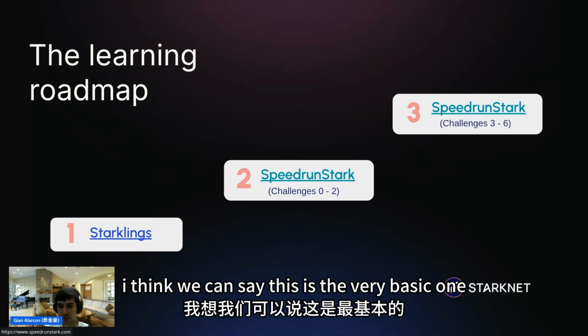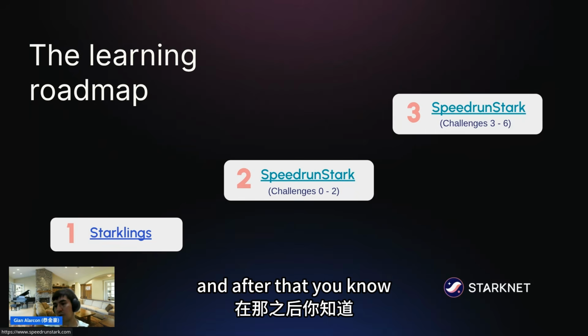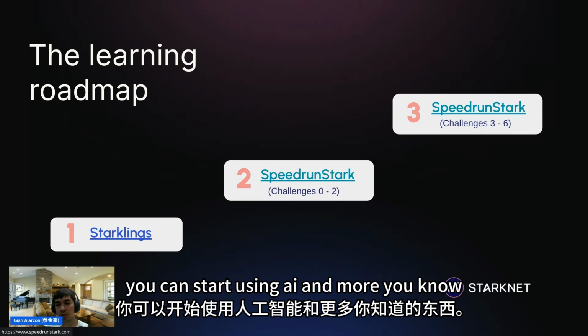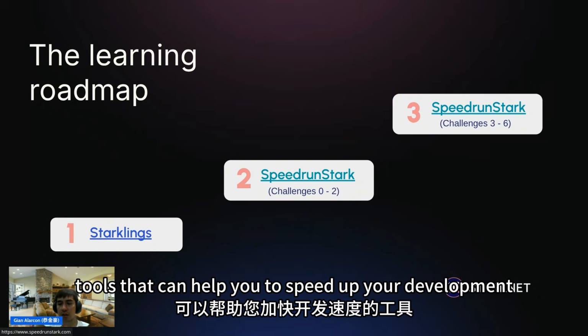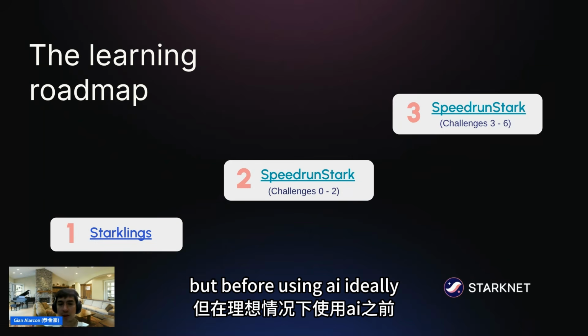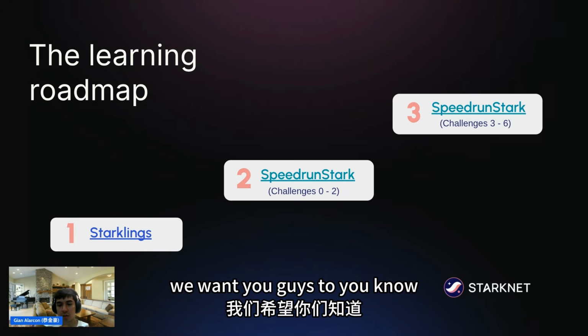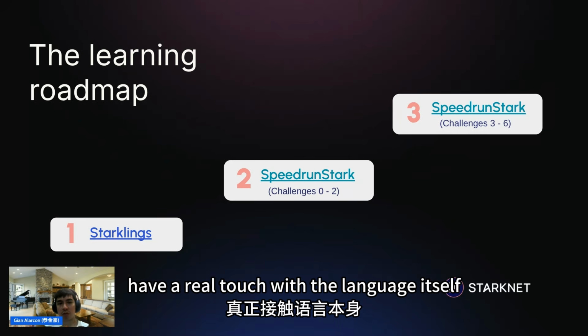I think we can say this is the very basic one. After that, you can start using AI and other tools that can help you speed up your development. But before using AI, ideally we want you to have a real touch with the language itself.